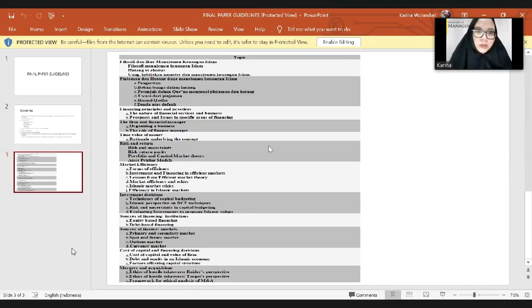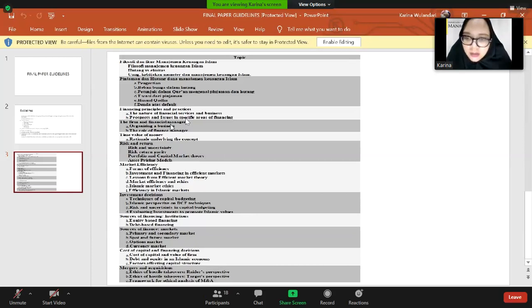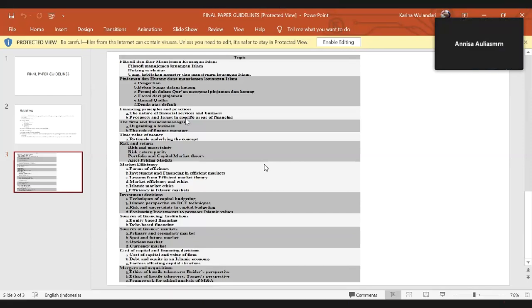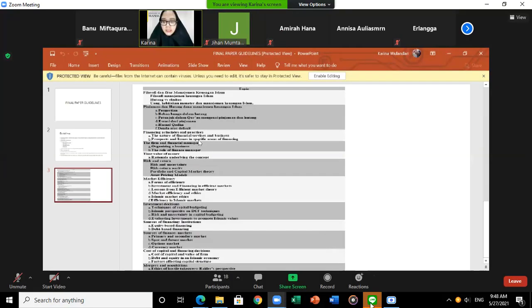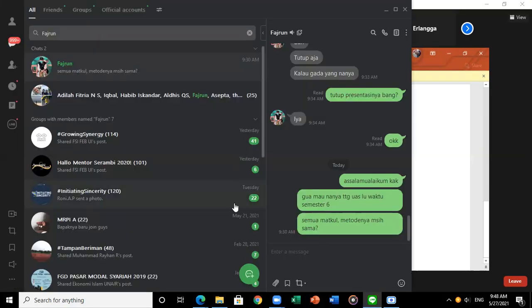Jadi ujiannya tanggal berapa ya? Mulai minggu ujian 17 Juni, Bu. Tapi jadwalnya belum keluar ya. Oke, 17 Juni berarti kita masih ada sekitar hampir 3 minggu untuk persiapan.